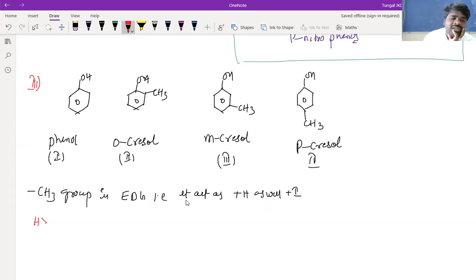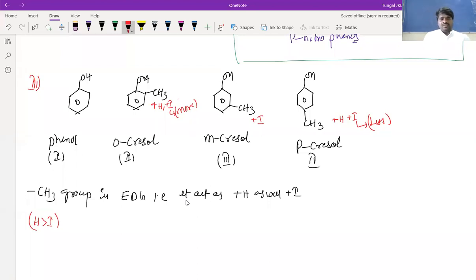H is dominant over I. Again, H is distance independent, I is distance dependent. Here it acts as plus H as well as plus I. Here plus I is more. Here plus I is less. That means donating power is somewhat more here, and somewhat less here.